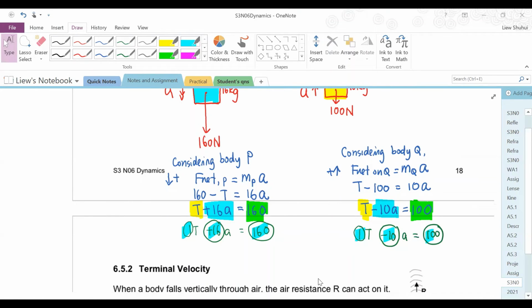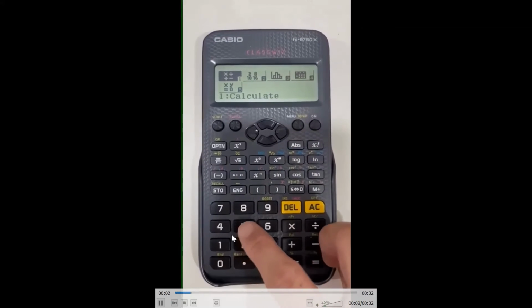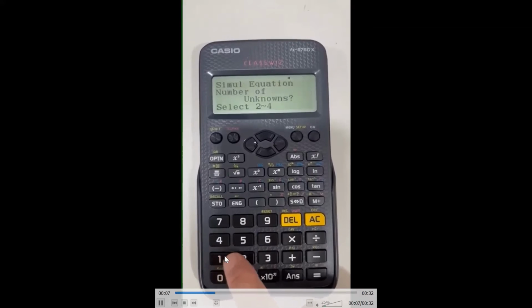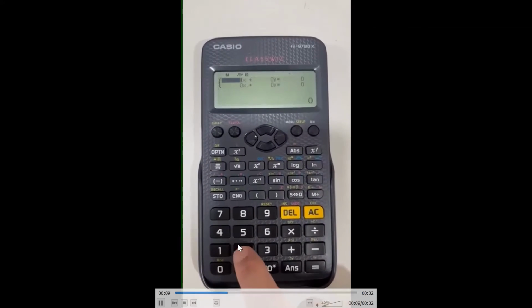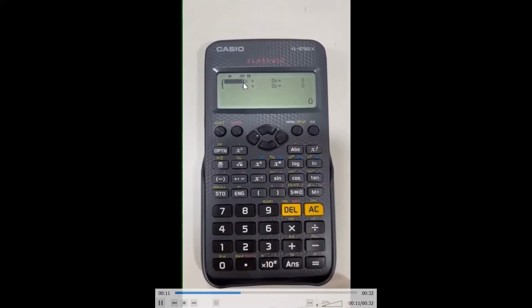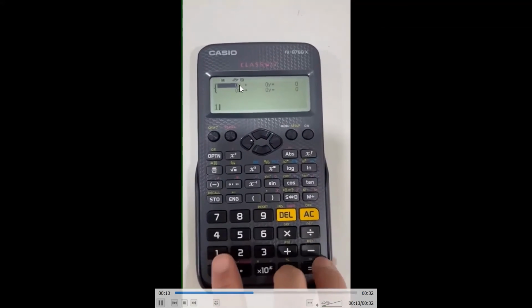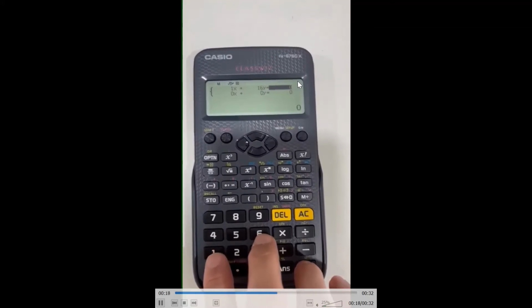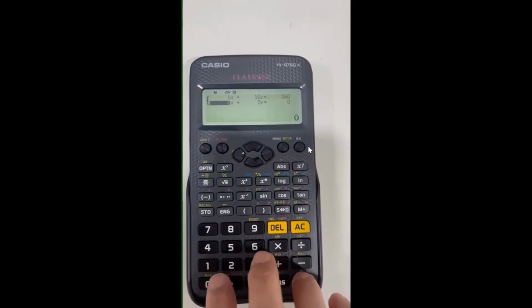Under setup, choose equation, that's 5. And then simultaneous equation, that's 1. And we have two unknowns. From there, key in the coefficient of the first variable, that's tension, the second variable, that's acceleration, and the constants on the right-hand side.